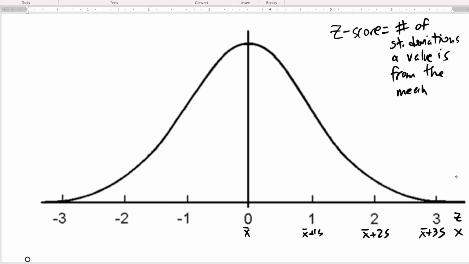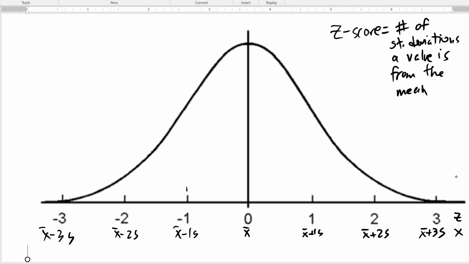That number ends up being the mean. If you are 1 standard deviation above, you would have a z-score of 1, 2 above, 3 above. And going backwards to the left of the mean, this would be a number below the mean. So that would be the mean minus 1 standard deviation, mean minus 2 standard deviations, mean minus 3 standard deviations.